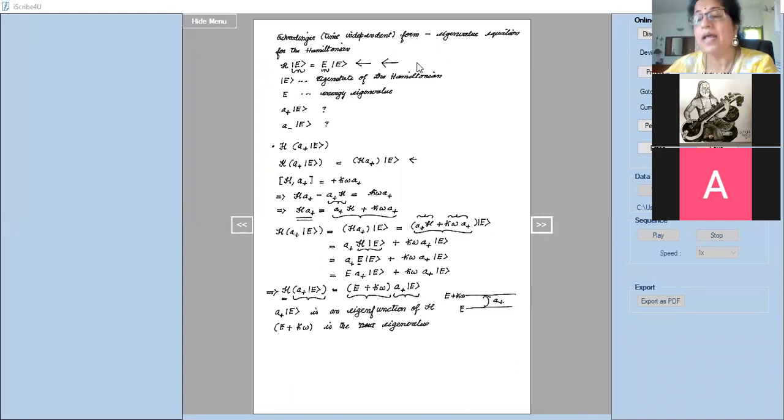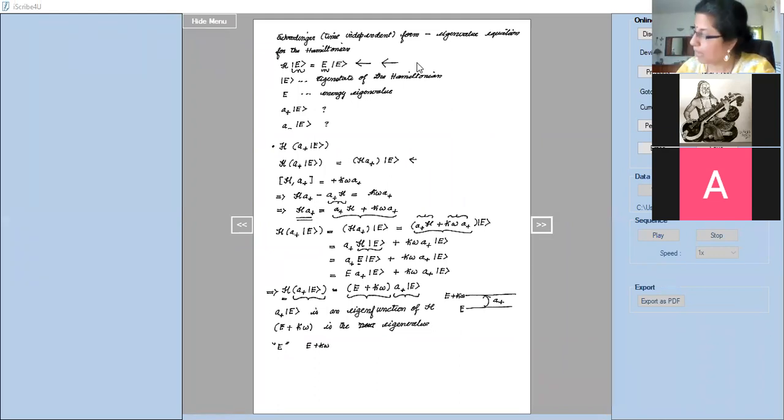The A plus and the A minus are going to help you solve for it. So what you have realized is that if I somehow come up with this value E as my answer, then with this A plus, E plus h cross omega is also an eigenvalue.